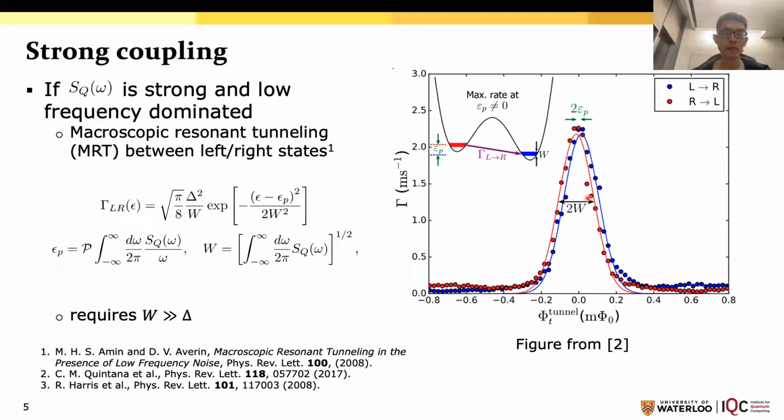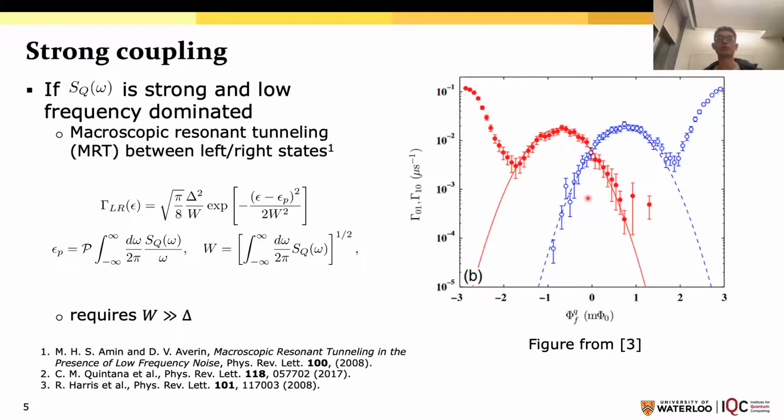We also have the measurement done on a D-Wave device, where we can see that there's a much larger width, and the separation between the two transitions is also larger, meaning the low frequency noise in these D-Wave devices is much larger.